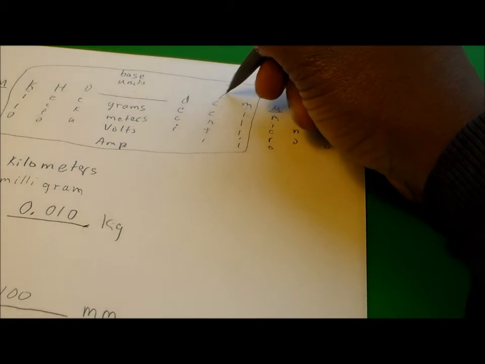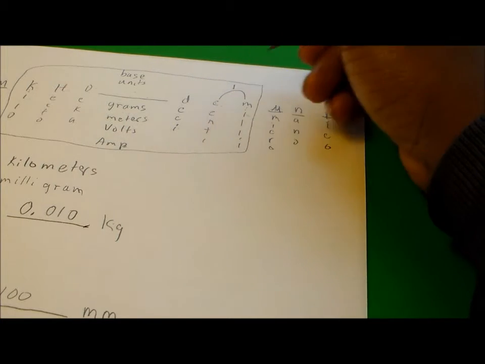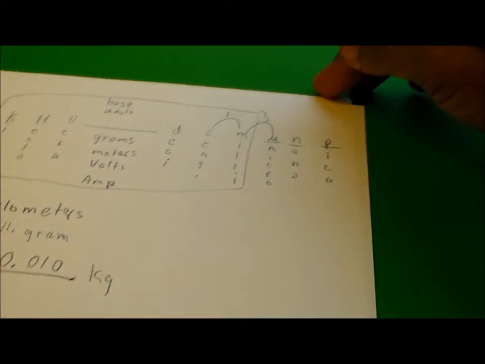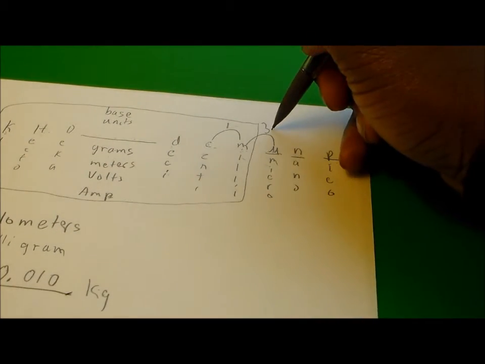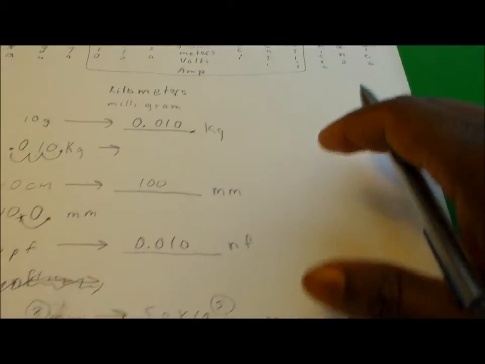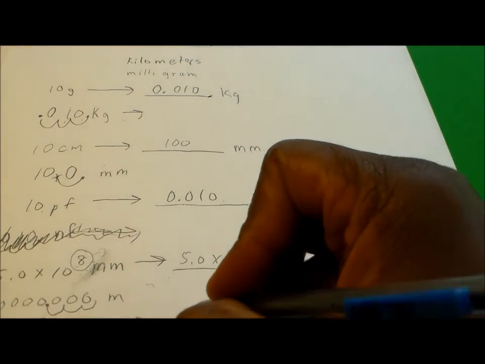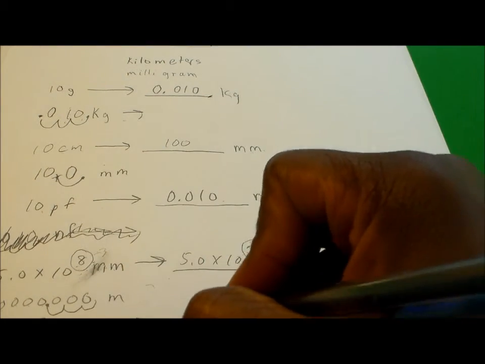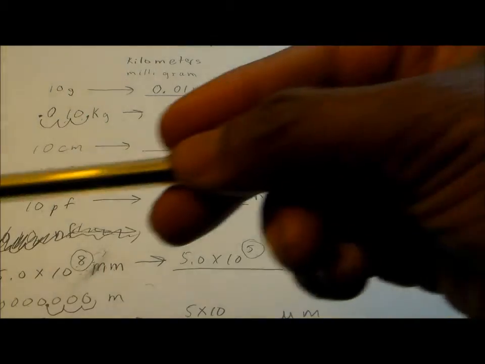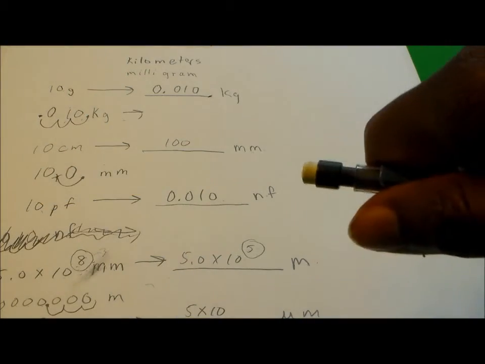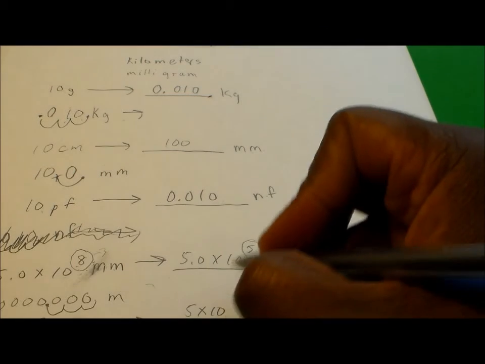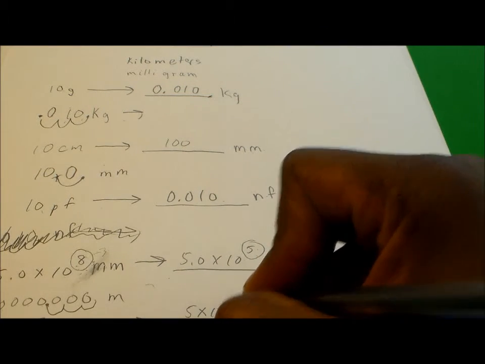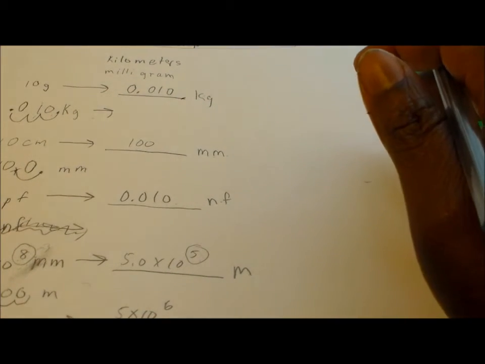That means we have to make 1 jump within the box, and then 3 jumps outside of the box. So that's 1 jump in the box, 3 jumps outside the box. So that's 4 jumps to the right, pardon me. Since minus was going in the left direction, plus is going in the opposite direction, towards the right. So this would be equal to 5 times 10 to the 6th.